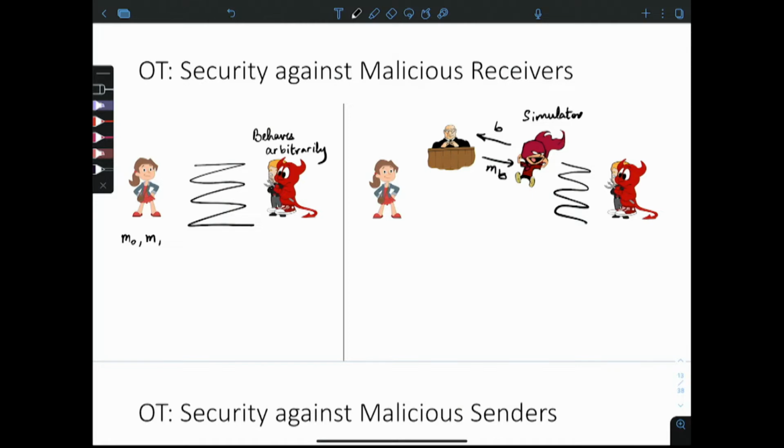And at the end he gets a state, let's say this is a mixed state. Let's call this rho real. This is Bob's state at the end of the real protocol. Let's denote by rho ideal the state that Bob ends up with in his interaction with this Superman guy, the simulator.